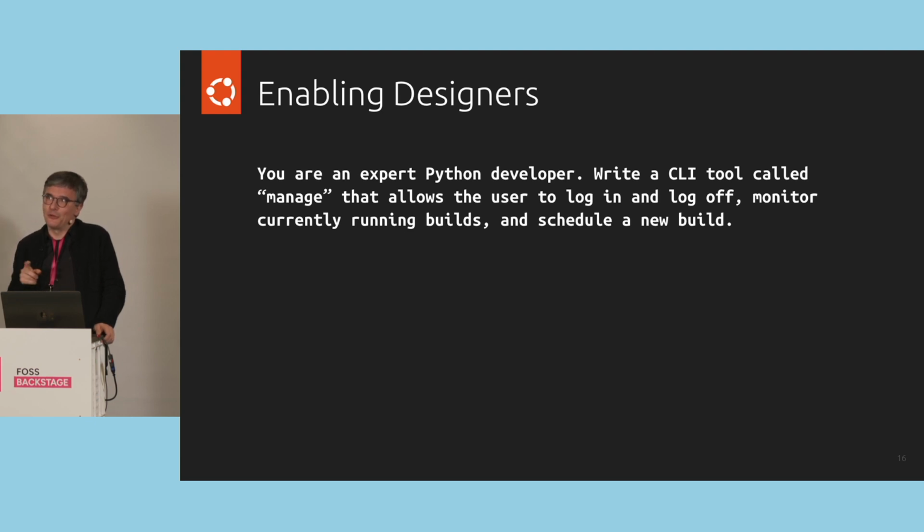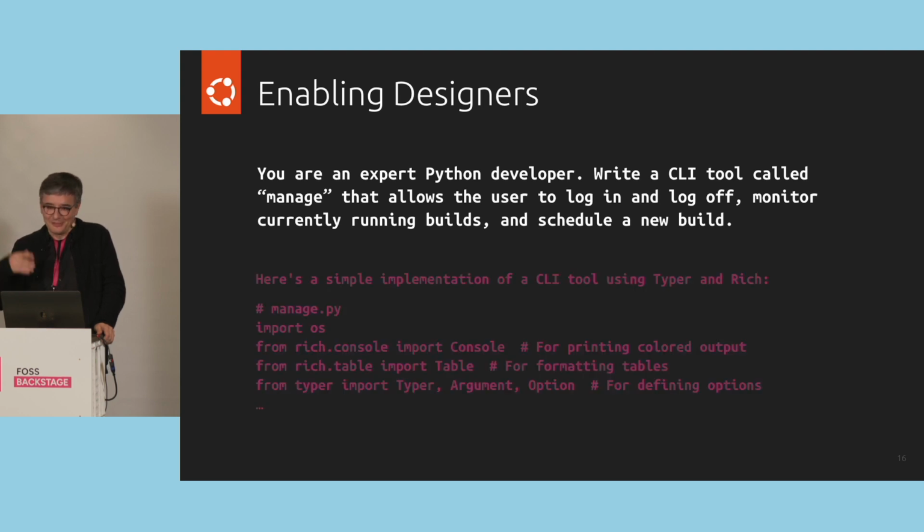And we've built that internal tool also knowing that it's very easy nowadays to create a CLI. So as a developer, of course, you can use a library and then you can build a CLI and it will give you a lot of automatic functionality. But also as a designer, you can go to an LLM and ask it to build a CLI for you, and it will probably build you a CLI.